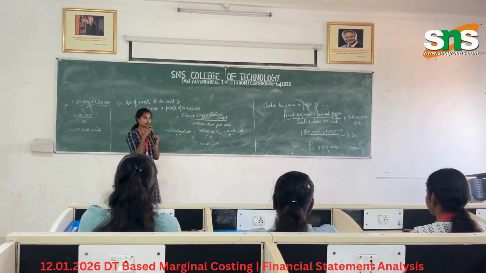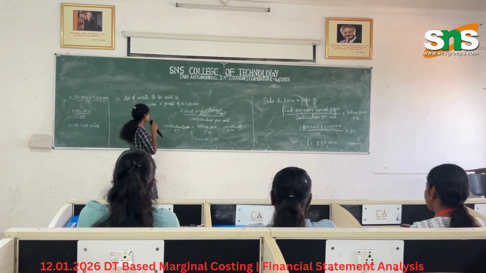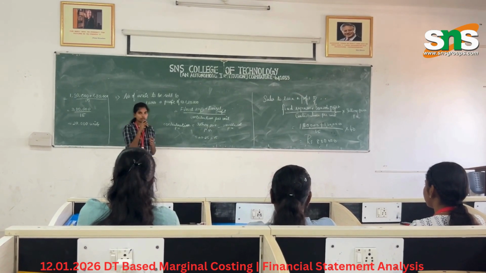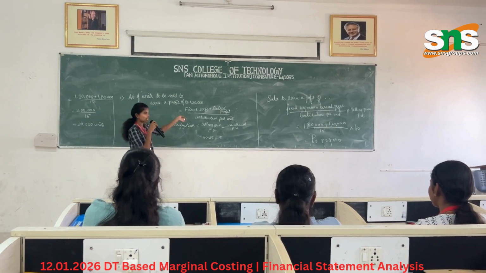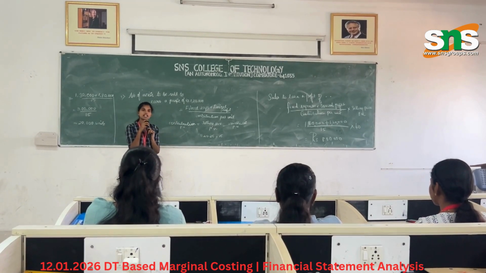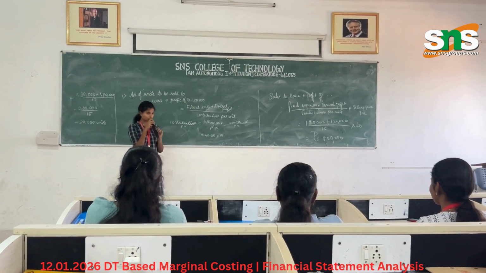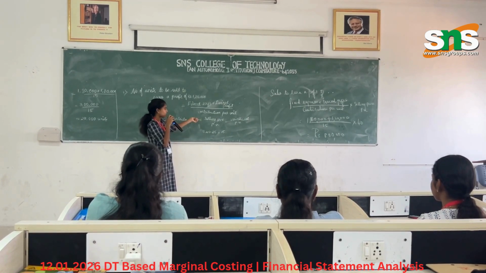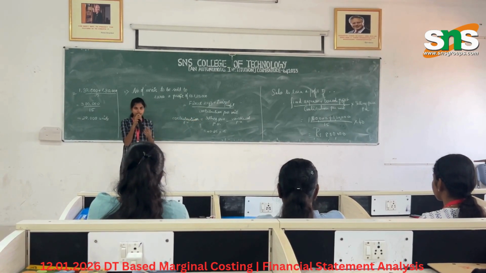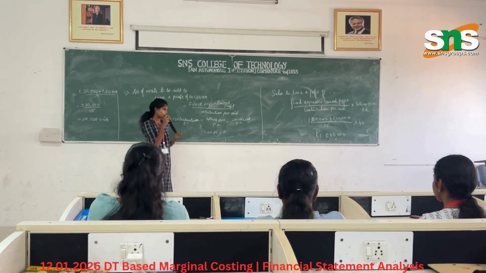Hello everyone. Here we are going to find the number of units that need to be sold to earn a profit of rupees 1,20,000. For that the formula is fixed expenses plus desired profit divided by contribution per unit. First we need the contribution per unit. The formula for contribution is selling price per unit minus variable cost per unit.